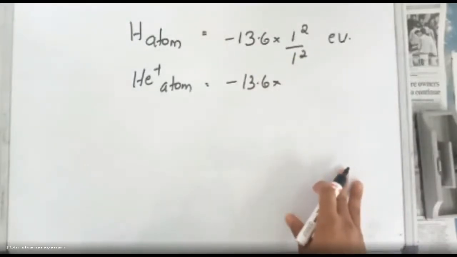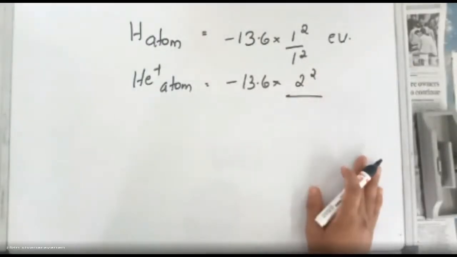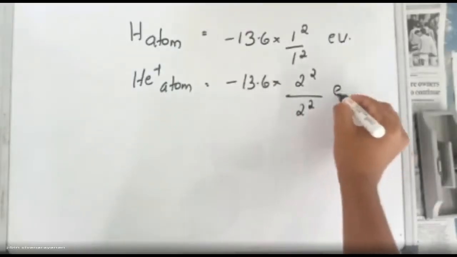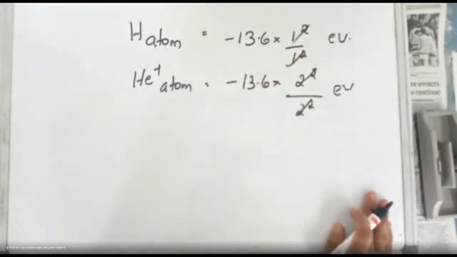What is the atomic number of helium? 2. So it is 2 square. So which is the first excited state? Second level. So those are exactly the same. So is there any relation? Both are the same. That is the relation.